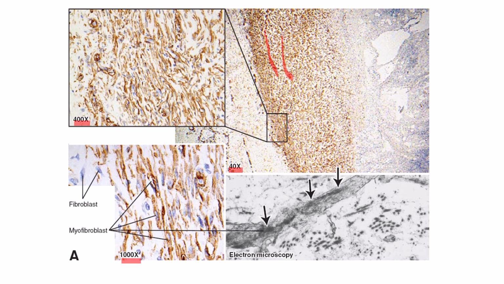So they clearly differentiate the fibroblast and myofibroblast on the basis of immunohistochemistry. The electron microscopic picture is showing the fine cellular detail.